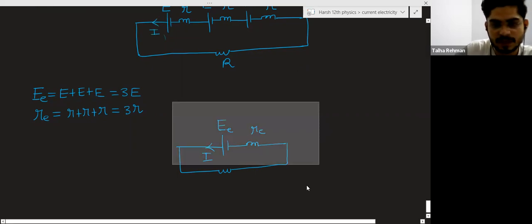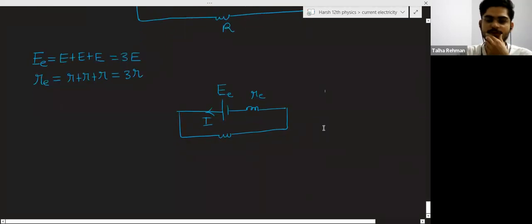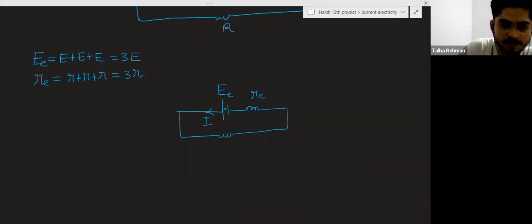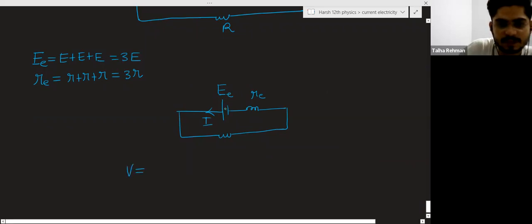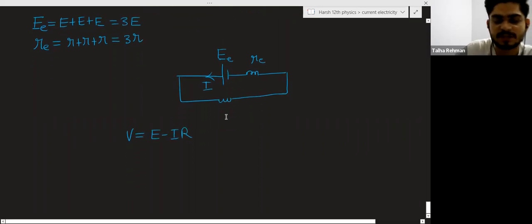For this circuit, we can write the equation of terminal potential difference for the cell. The terminal potential difference is V is equal to E minus Ir, because this is the discharging condition.